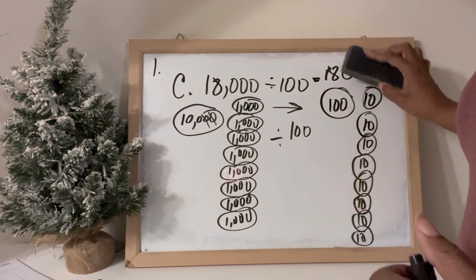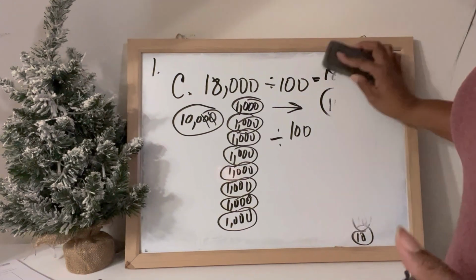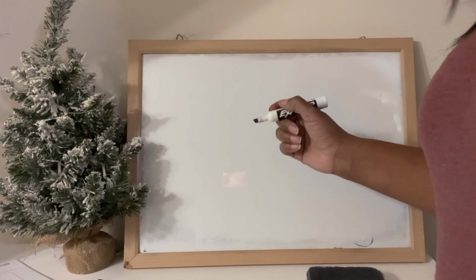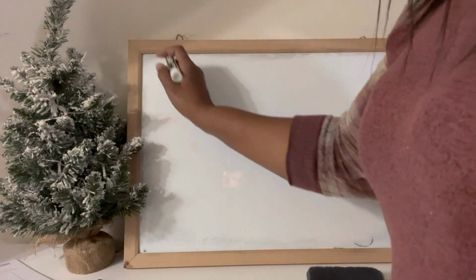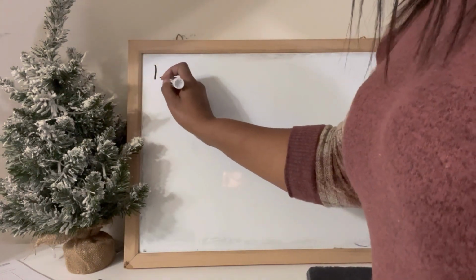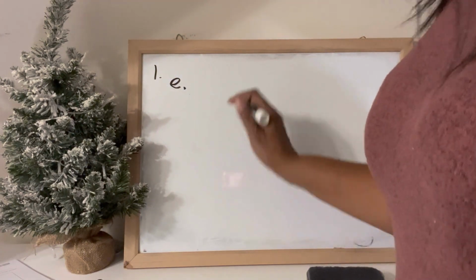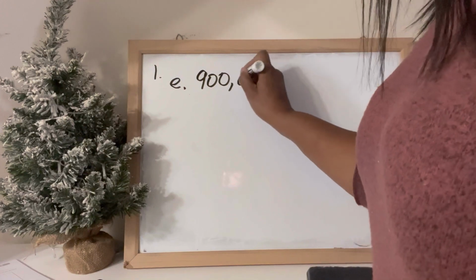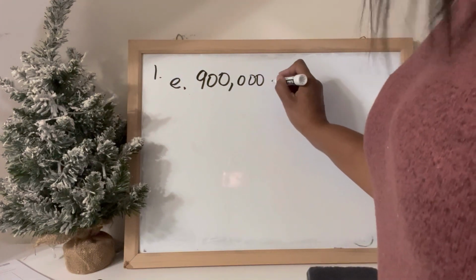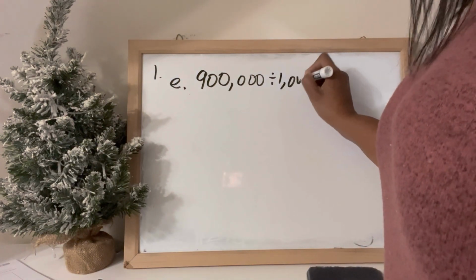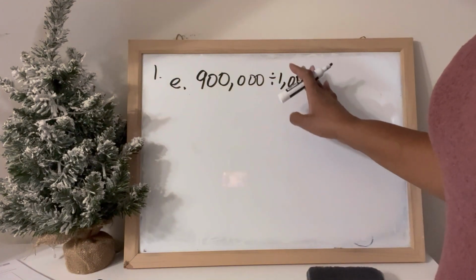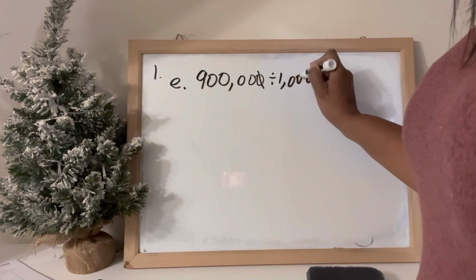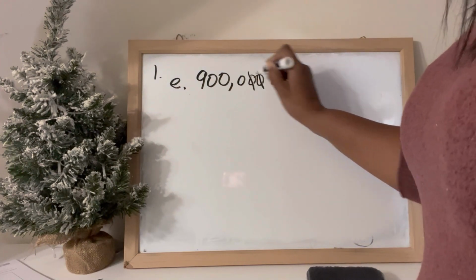The rest are going to be simpler for number 1. So let's say if we skip to E. So let's say 1E. I'm trying not to do them all. I just want to do some as an example. So if we have 900,000 divided by 1,000, you could just cancel out the zeros. So 1,000 has 1 zero, 2 zeros, 3 zeros.